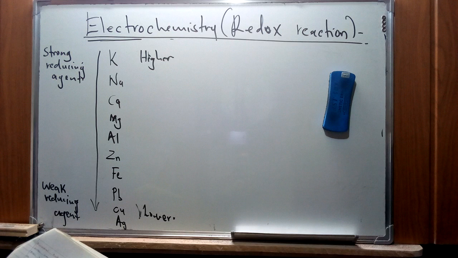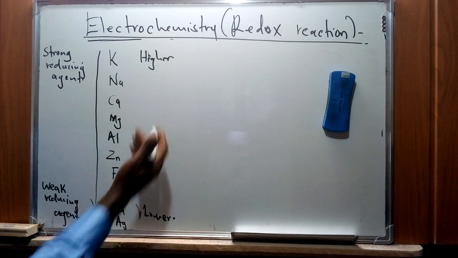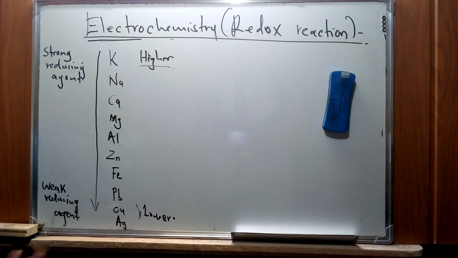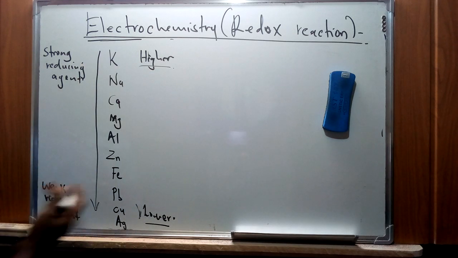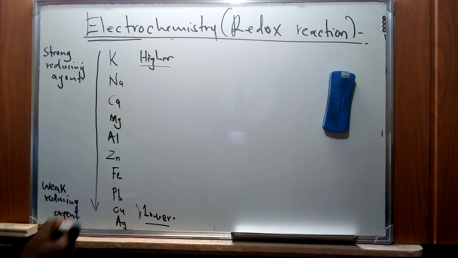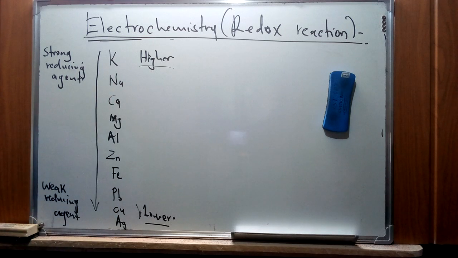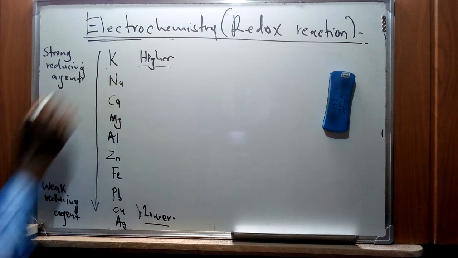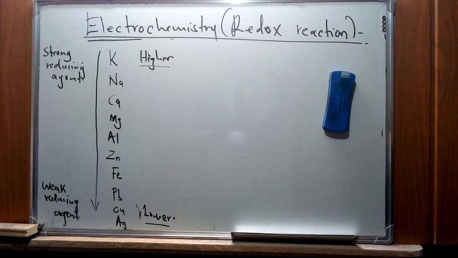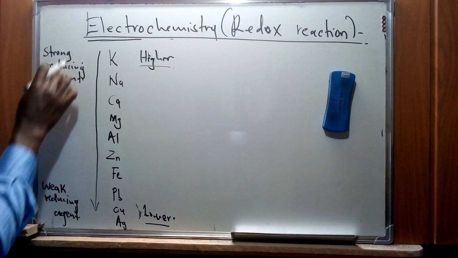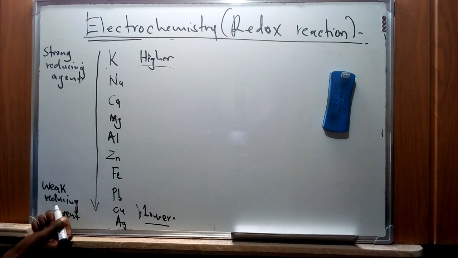Now in this case I've illustrated this concept of higher and lower. The metals higher in the reactivity series tend to displace metals which are lower in the reactivity series from their respective ions in solution form. We call the metals that appear on this part of the reactivity series strong reducing agents, while those lower in the reactivity series are referred to as weak reducing agents.